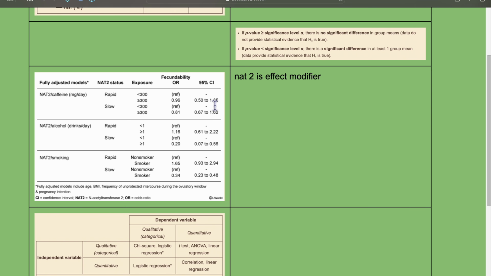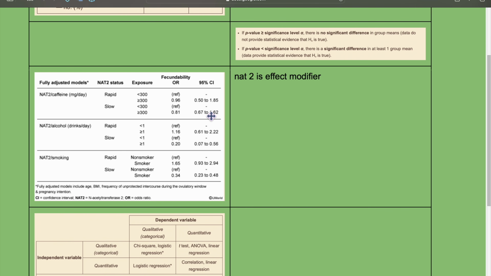So if the confidence interval includes the number 1 in it, that means it's not a significant finding. So we do not consider that study to be good enough for us to take any action on it. Okay. So here 0.50 to 1.85, it includes the number 1, so this is null. So we don't look at this.